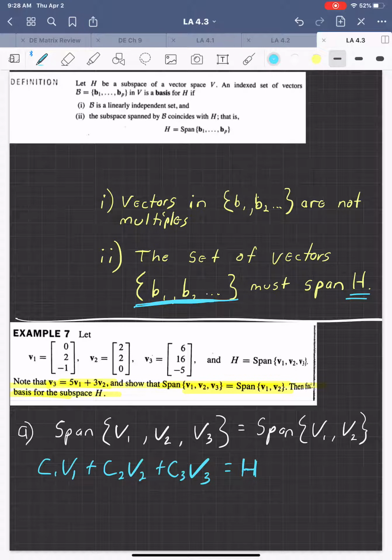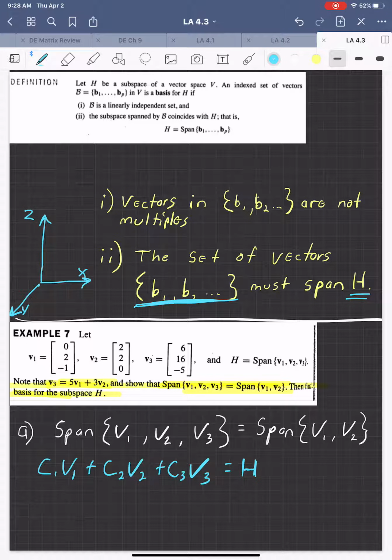Let me see if this helps you visualize what I'm trying to say. Right here is all of three-dimensional space, x, y, z. So here's every single point in three-dimensional space.